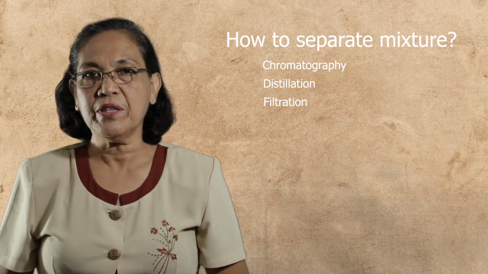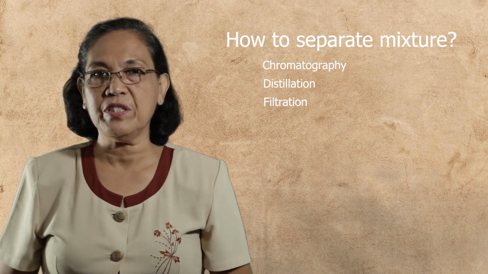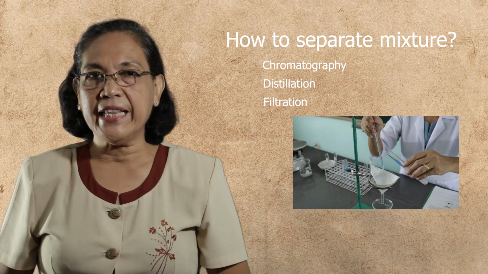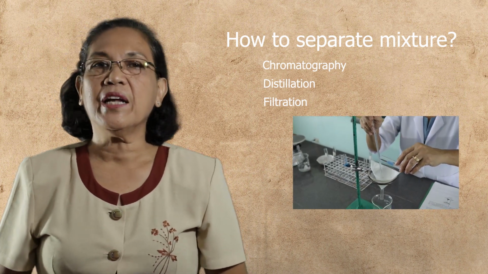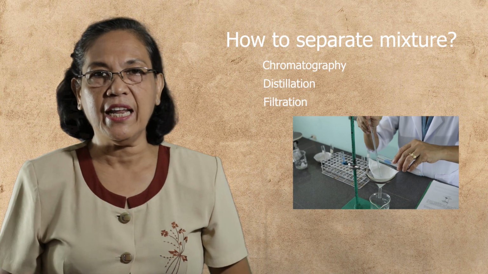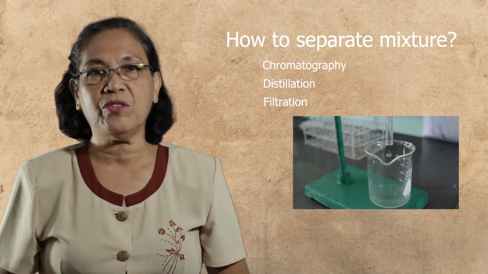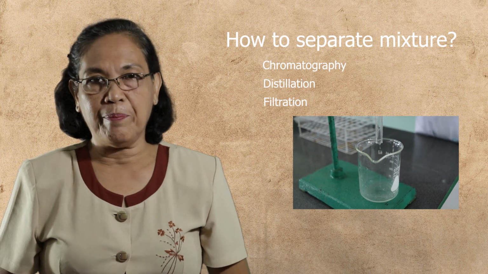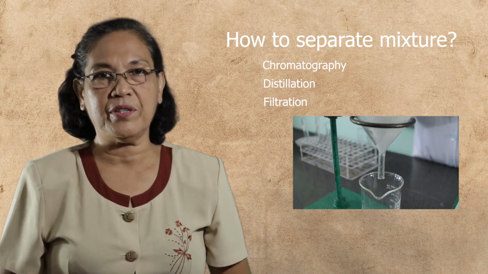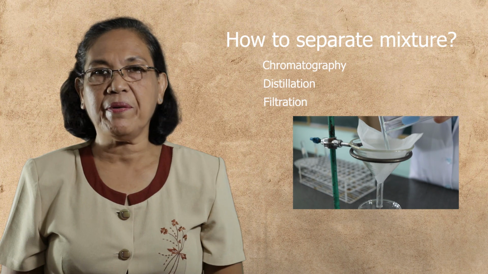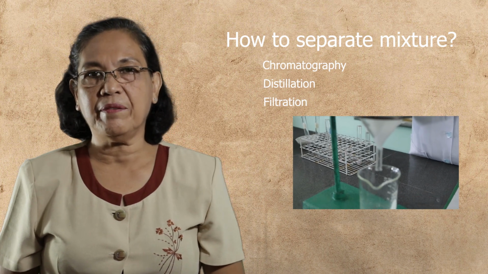When you use the filter paper, of course, you use it together with a funnel, and then you pour the mixture of the solid and the liquid into it, allowing the filtrate to pass through the filter paper or the porous medium, thus separating the liquid from the solid.